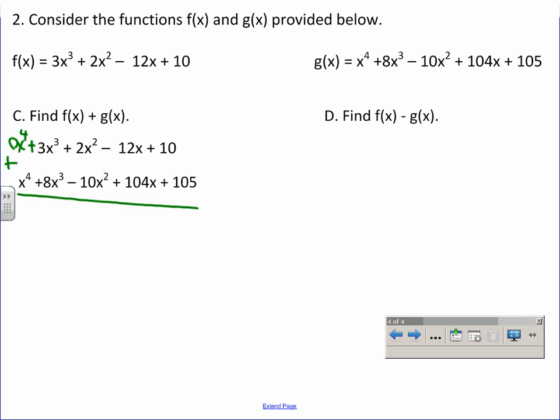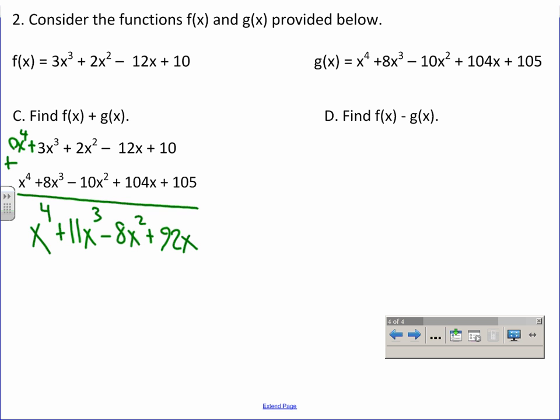So when I add 0x to the fourth and x to the fourth, I get x to the fourth. Now 3x cubed plus 8x cubed gives me plus 11x cubed. 2x squared plus -10x squared, or 2x squared minus 10x squared, is minus 8x squared. -12x plus 104x is positive 92x.